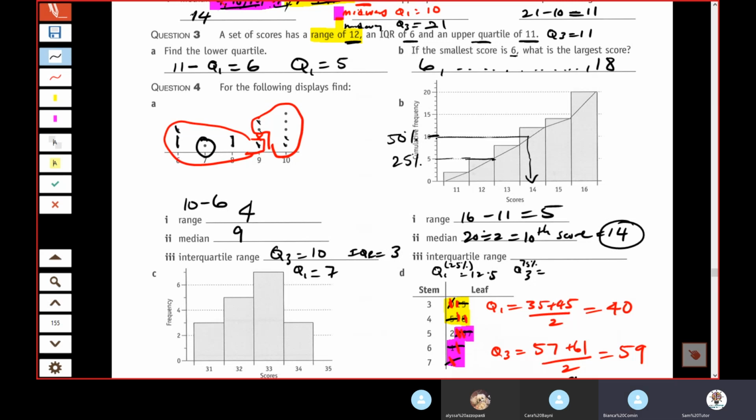Then I personally halve that again. I found my Q1, 25%. Then I add 5 with 10. That gets me 15, which is my 75% mark now. So I first find these 2, then I go find 75, go across. Hits the line at 16, so Q3 is 16. Interquartile range is 16, take away 12 and a half.